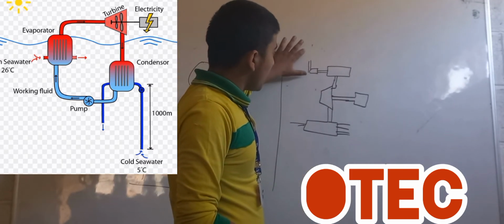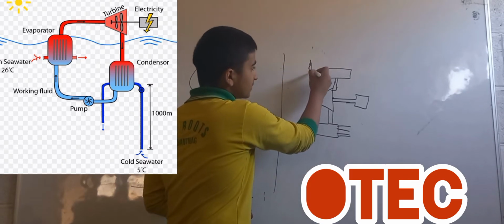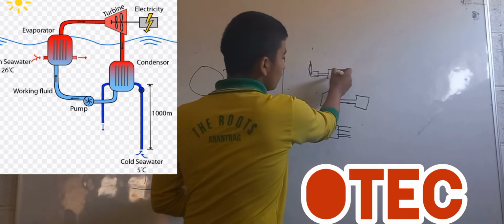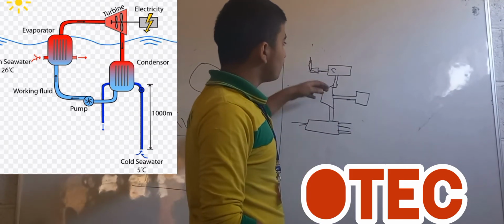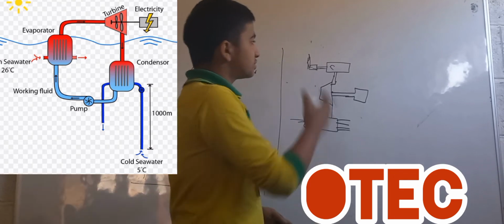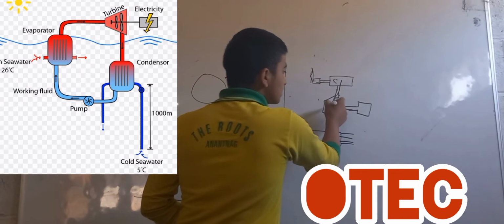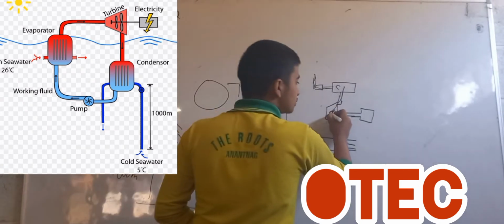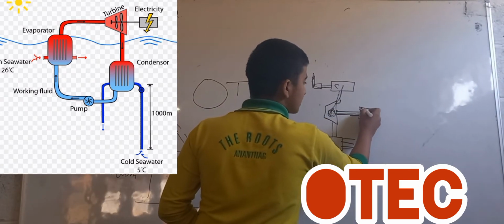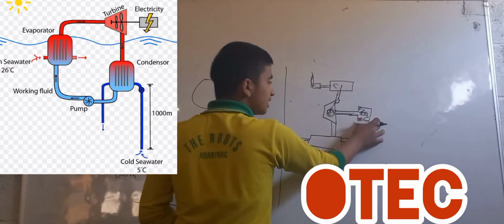This is the pump and the water enters here. It's the evaporator. Here this warm water is changed into steam, then it reaches the turbine. The turbine starts rotating and produces energy with the help of this generator. Now the electricity is in the generator.